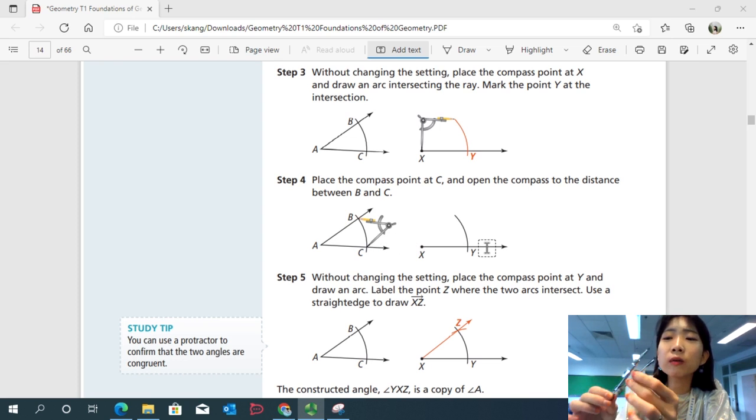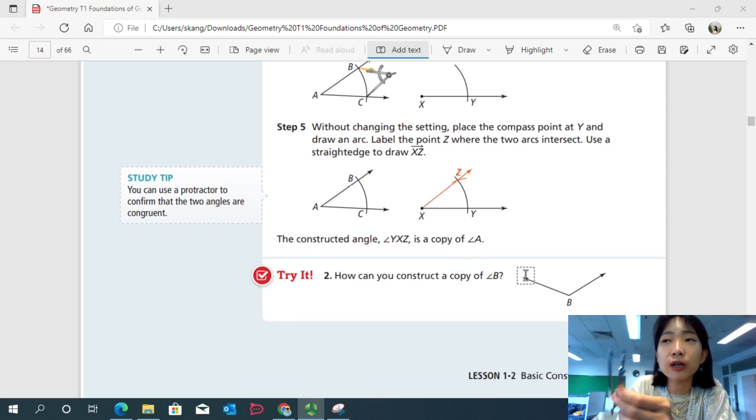So when are we using arcs? It's when we want to measure the distance between 2 points and copy that without using the straight edge as a ruler. The straight edge is just used to draw straight lines.